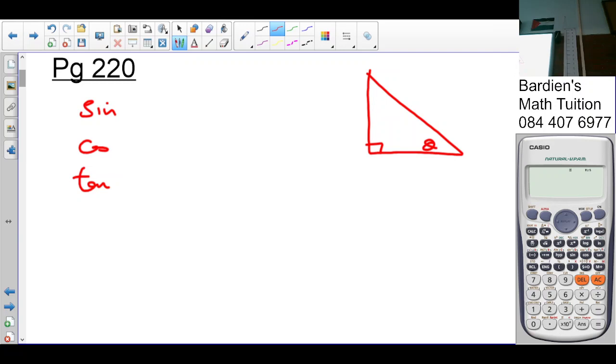Then we spoke about beta, theta, alpha, omega, and all of those things, where theta, alpha, beta, omega were all denoted as unknown angles. And we said that theta, beta, alpha, and all of those angles are the same as variables x, y, z, a, b, c, and so on.